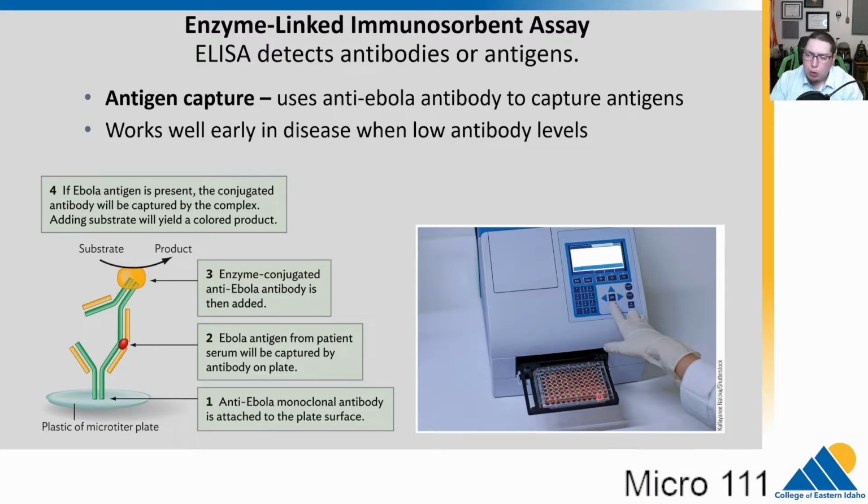And we can actually use a machine to read that color and quantify it, so we can automate this process a little bit. In the case of Ebola, this works very well early in the disease when human antibody levels against Ebola are low.